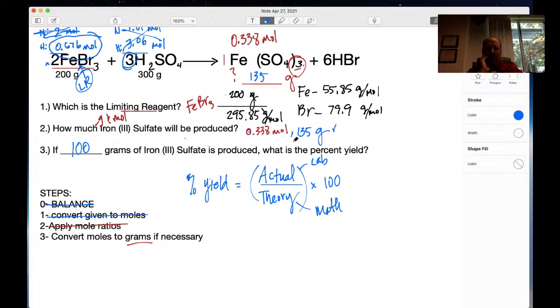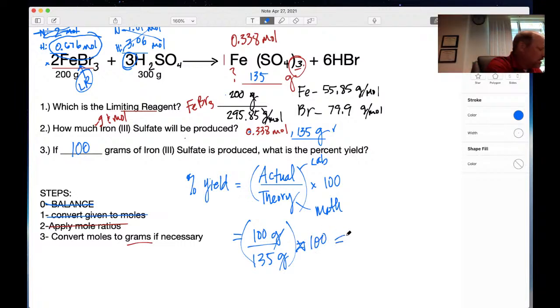We found theoretically 135 grams. In actuality, 100 grams was produced, so we'll say 100 grams divided by 135 grams. Notice how grams cancel, because as a percent, it's just a number, and then multiply that fraction by 100. 100 divided by 135 times 100 is 74%.